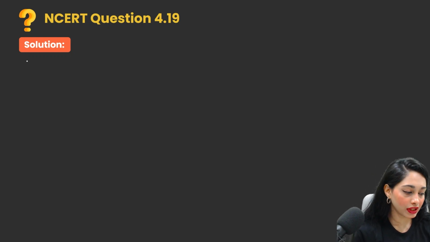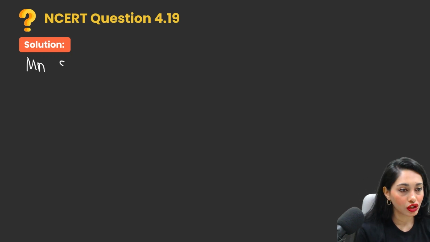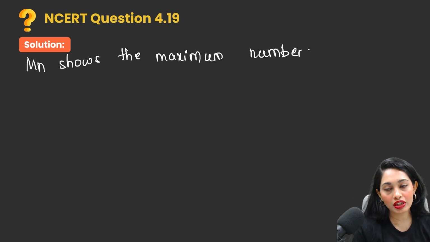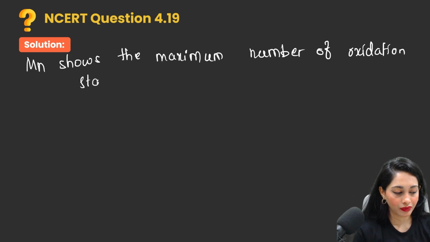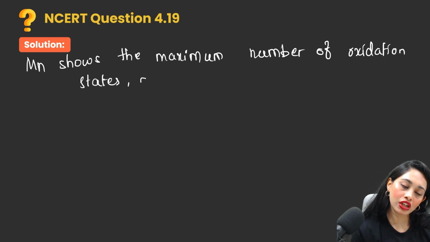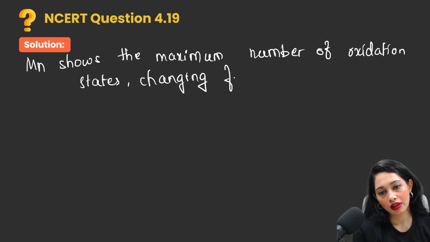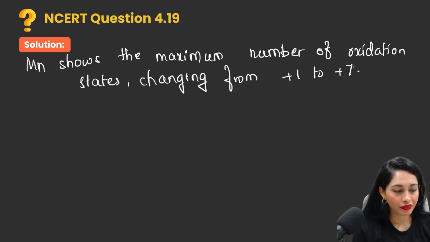So from the above table, we can see that manganese shows the maximum number of oxidation states, changing from +1 to +7.